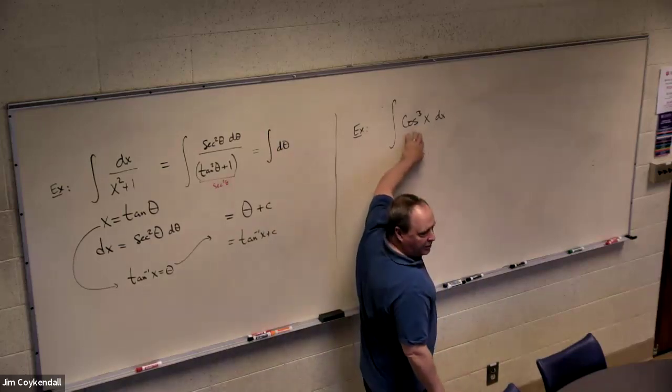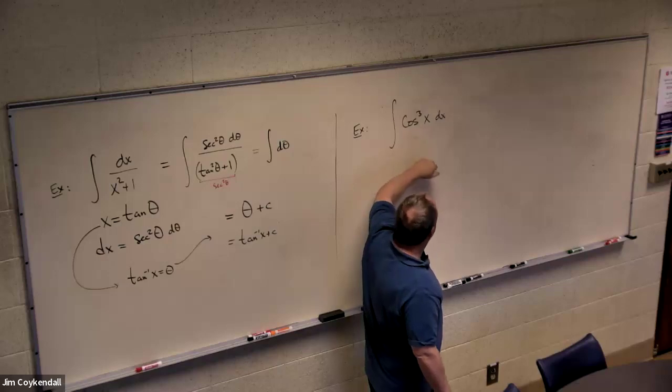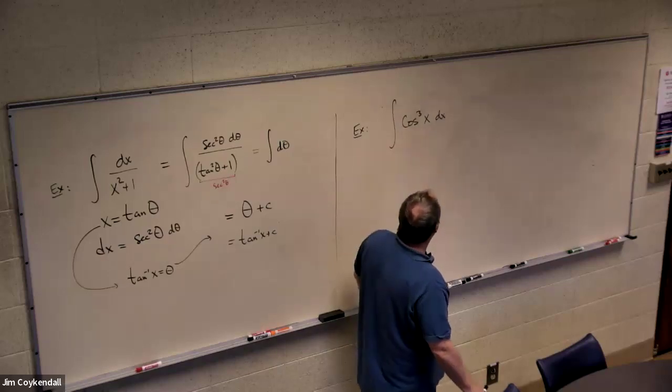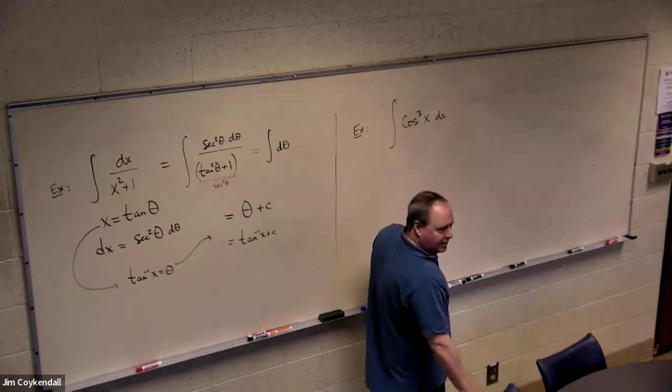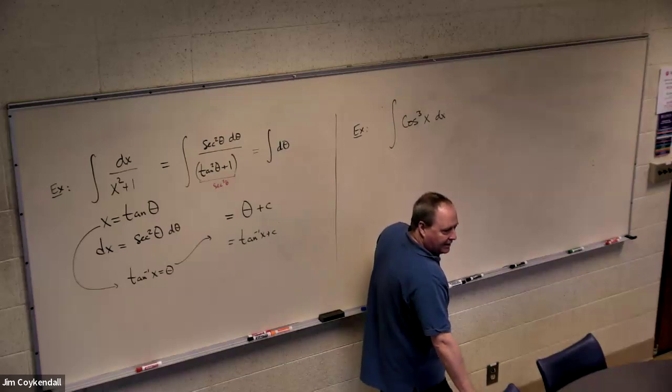And you seem to have the same problem here. If you let u be cosine x, then it doesn't appear to be sine. However, substitution u for sine x, it's a little hard to say. Can anybody explain why sine x will work?